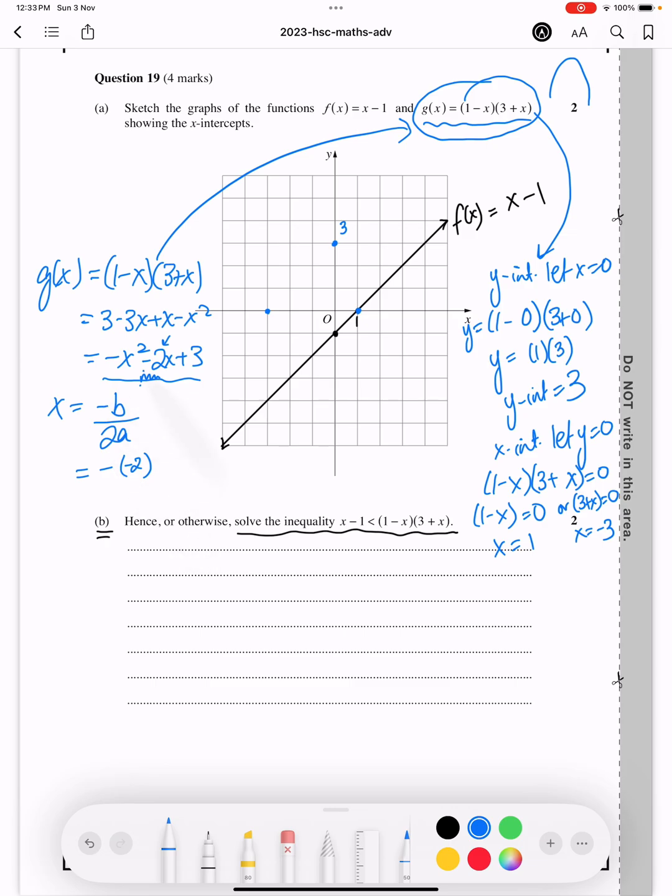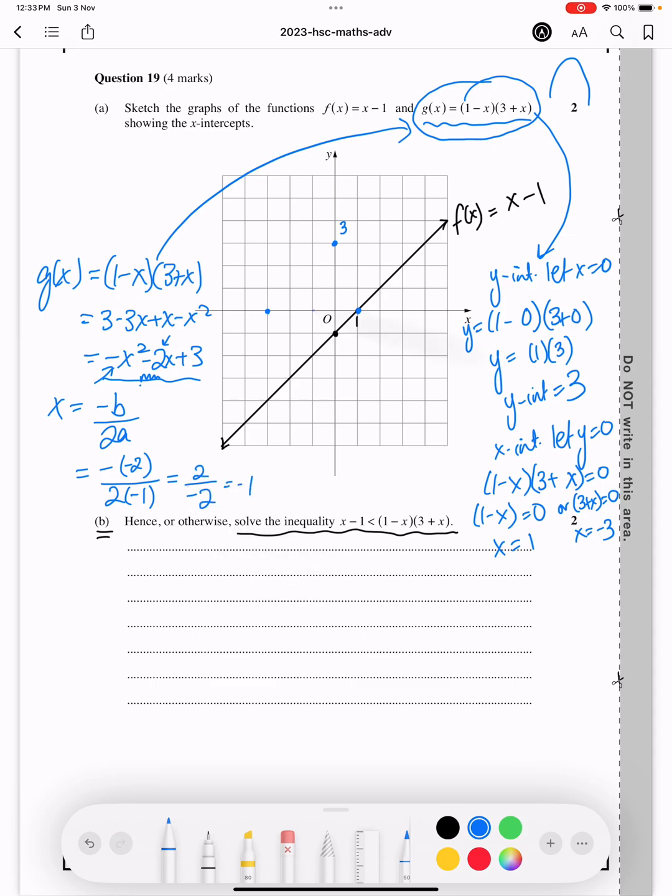Don't confuse this minus with that minus. Both need to be present, as you can see. All over 2a, where a is the number in front of the x squared. And so that's minus 1. And so that gives us an axis of symmetry, or an x value for our vertex point, as being 2 over minus 2, which is minus 1.